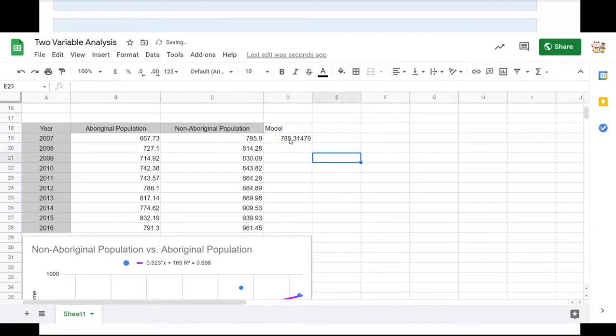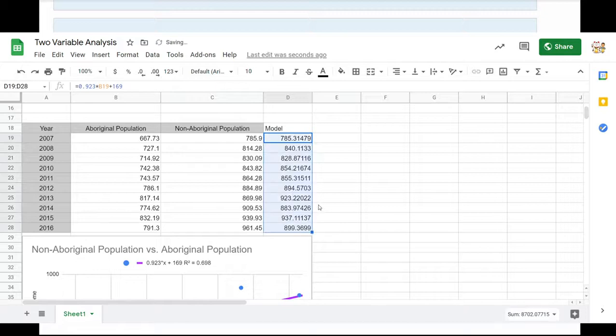So basically this is the value that it should equal. We're slightly above. And we're going to do the same thing, or extend it all the way down. So these are all the values that our non-Aboriginal population should be.